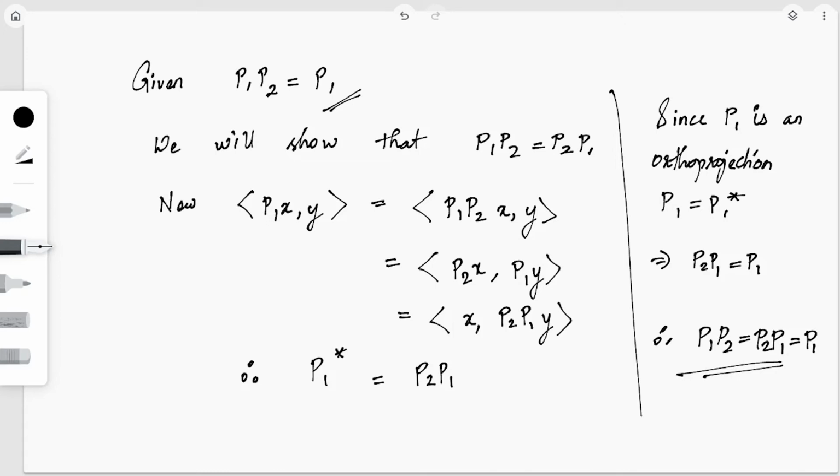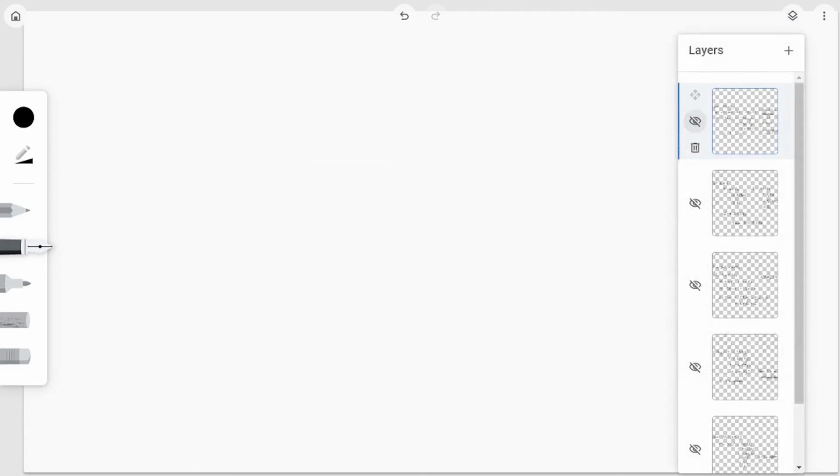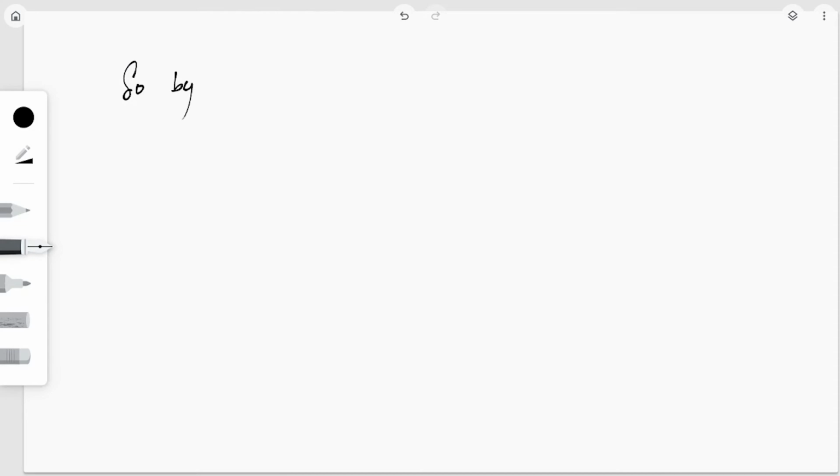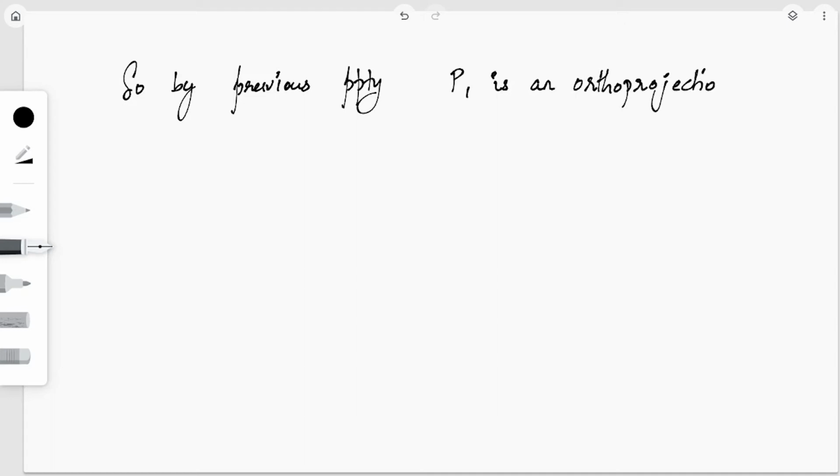So now here we shall use the previous property. By the previous property, if P1 P2 is equal to P2 P1 equal to P, then we proved that P is an orthoprojection.